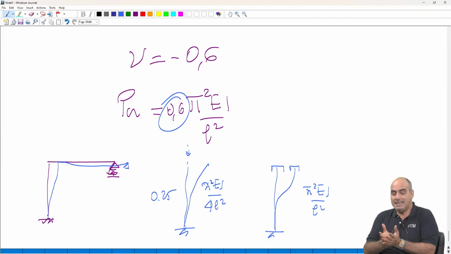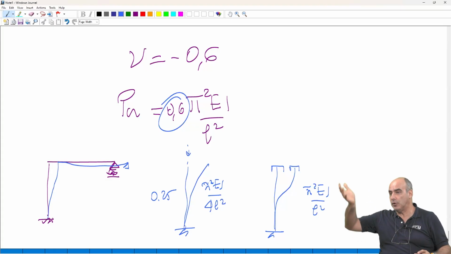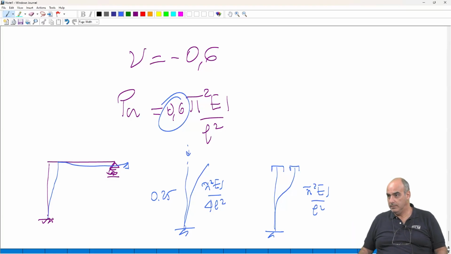It's also realistic because it says that your reality is somewhere in the middle of a cantilever and a cantilever with restrained rotation, which is what happens in reality.